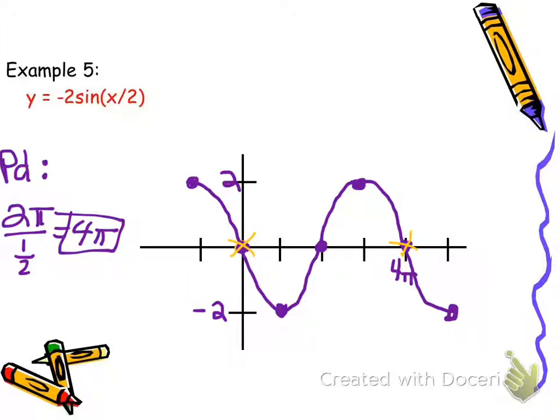Okay, that means this is half of that, 2 pi. This is half again. So we got pi, 2 pi, 3 pi, 4 pi, 5 pi. This is easy to label. -pi. Every hash mark is pi.